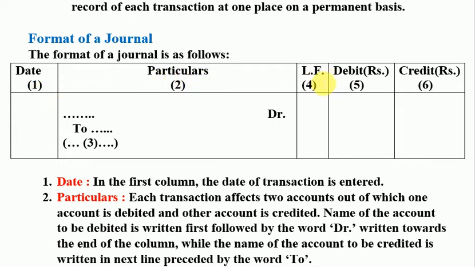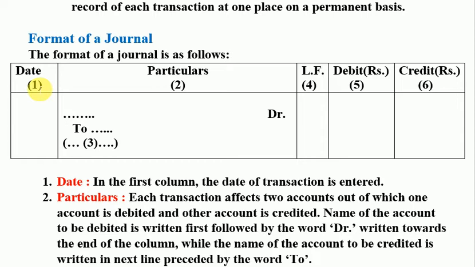Third column is known as ledger folio. Fourth column is known as the debit amount column, and fifth column is known as the credit amount column. Got it? And here we'll record all the business transactions, and here we'll record the narration of these business transactions. Got it? So let's discuss in brief.